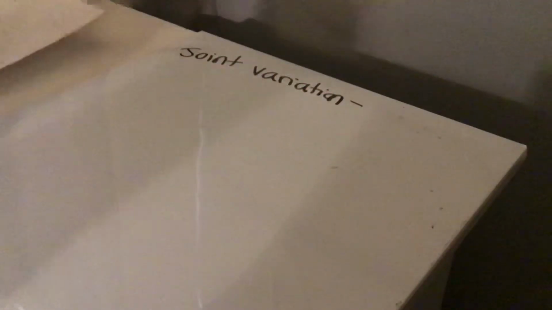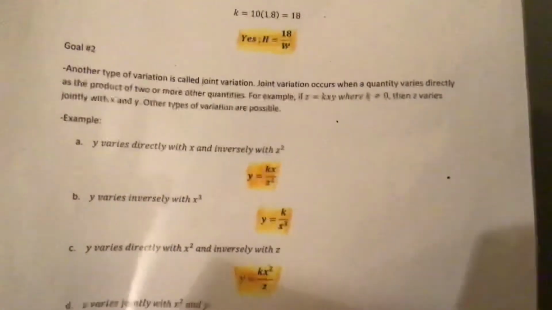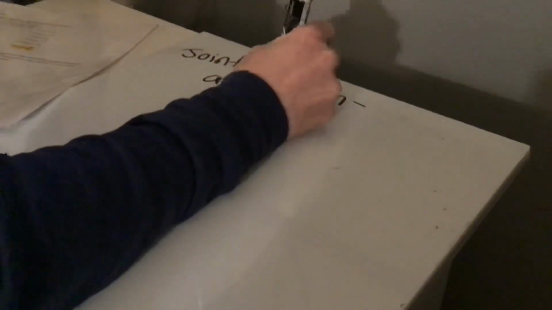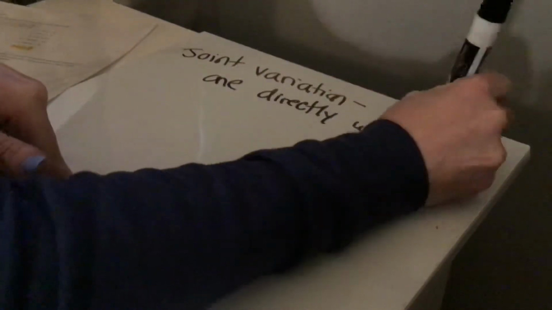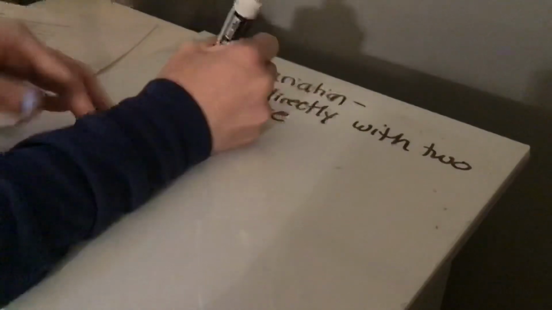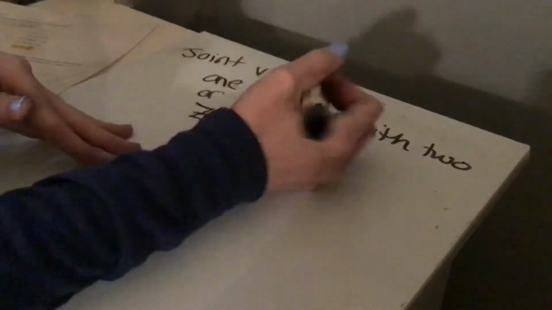Okay, and we can kind of see that right there. It just says that one variable varies directly with two or more quantities. So we would say that z varies jointly.